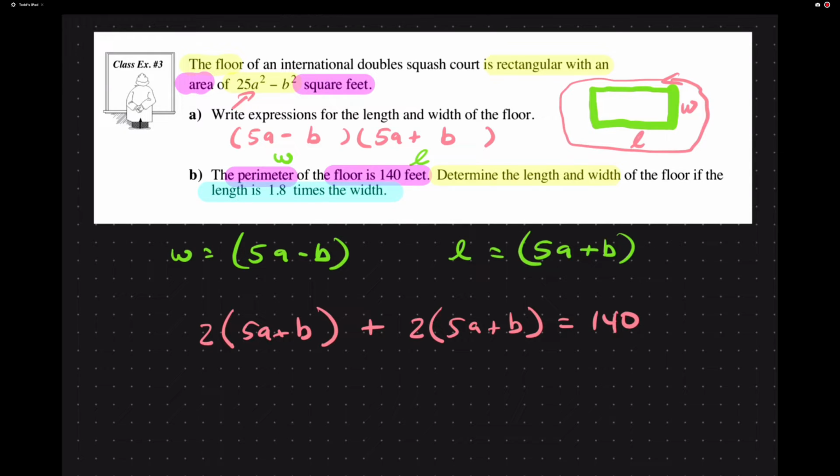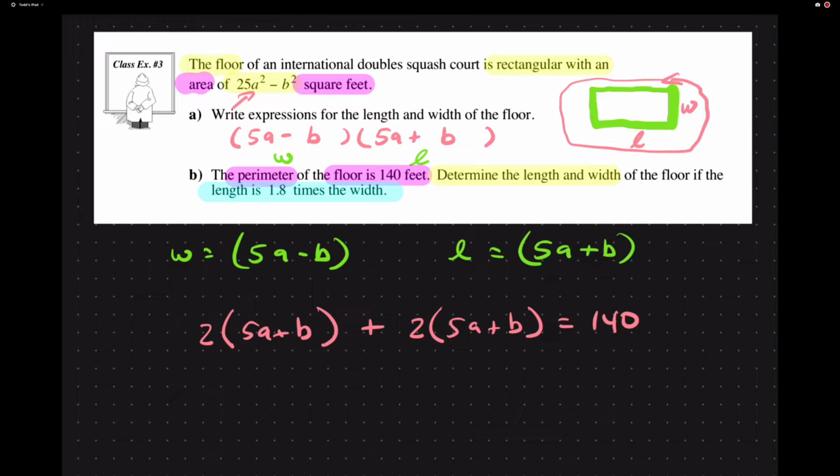Notice that we've got two variables, an a and a b, which is normally very difficult to calculate. So we're hoping that when we expand these and gather like terms, at some point we eliminate either the a or the b, leaving us with one variable.